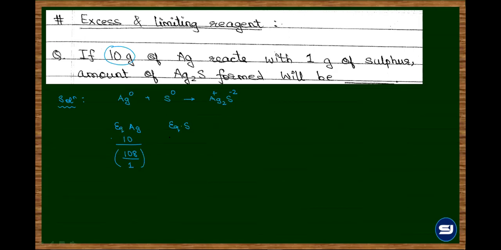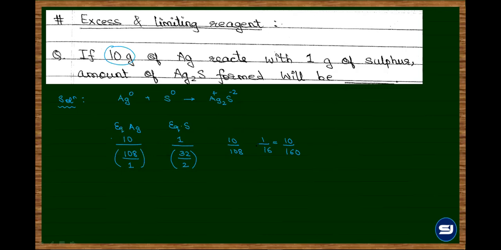1. And here for sulfur it's 1 gram divided by molar mass 32 upon the N factor 2. So basically we are comparing 10 upon 108 versus 1 upon 16. So instead of solving this, I can equivalently say this is 10 upon 160.